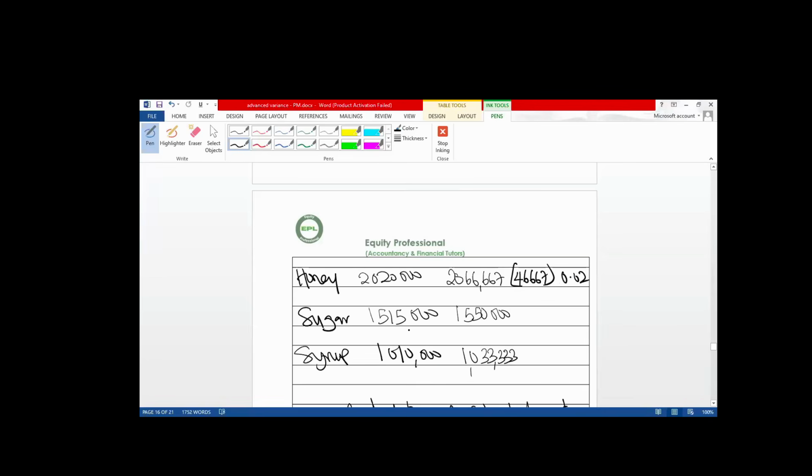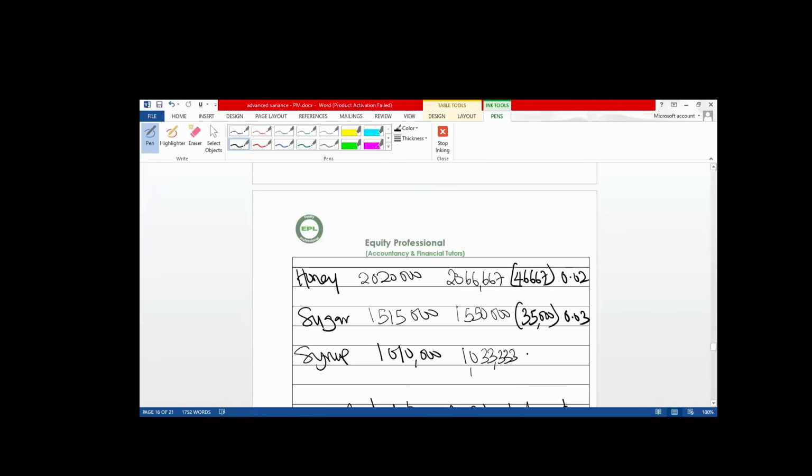Difference here, 1,500,000 minus 1,550,000, negative 50,000 multiplied by 0.03.